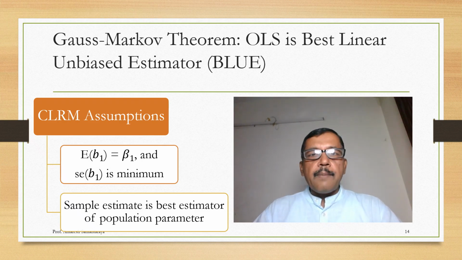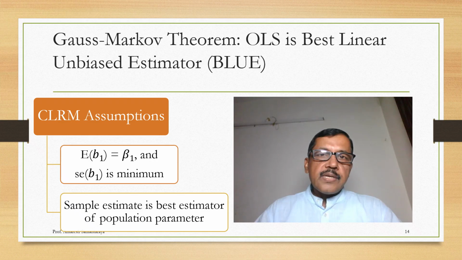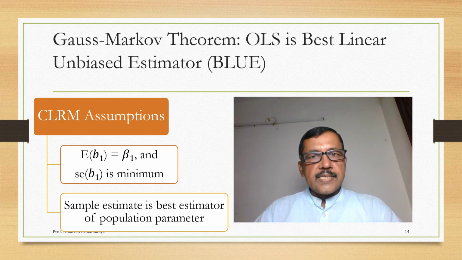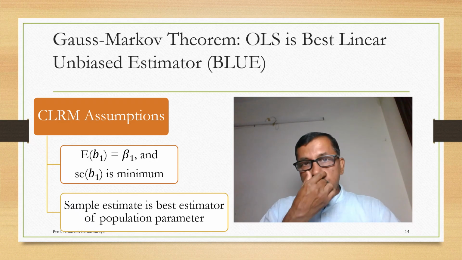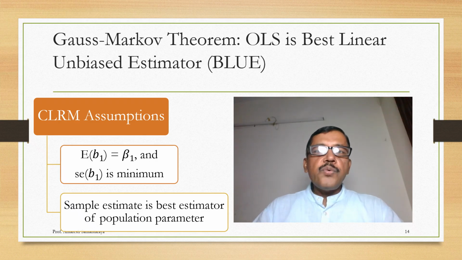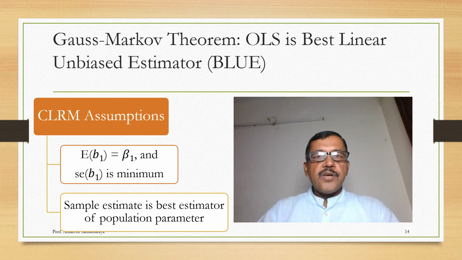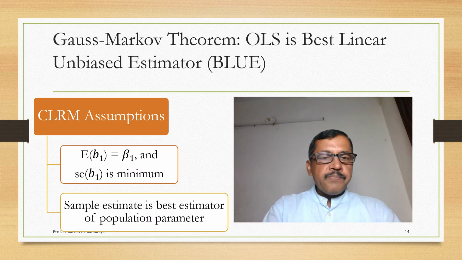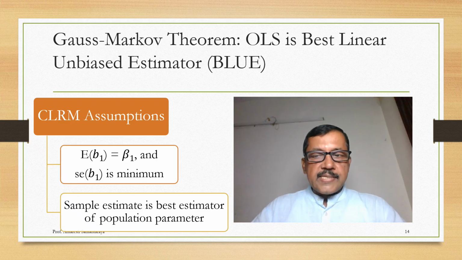So applying OLS, if CLRM assumptions are satisfied, although you will be estimating a sample estimate using OLS, you have the best possibility of getting the population parameter. Your sample estimate on an average will be equal to the population parameter. In this example, assume B1 is my sample estimate and it has a random distribution, and E(B1) is the mean value of those B1s.